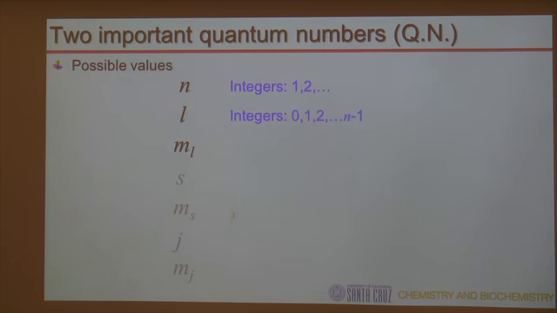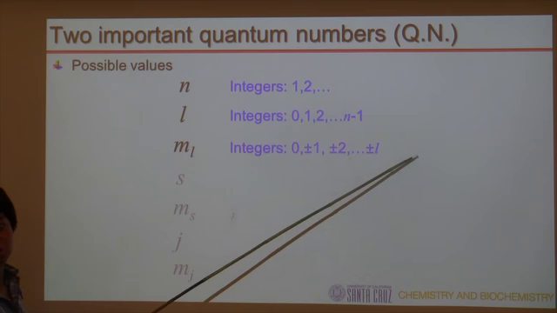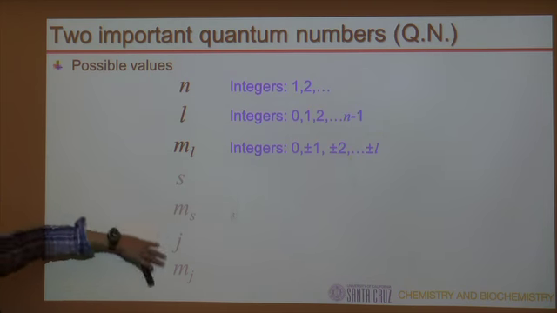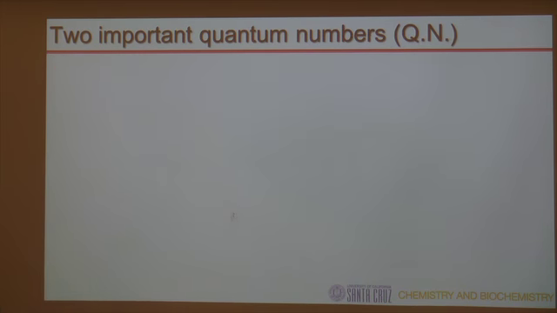So it's 0, plus or minus 1, plus or minus 2, until plus or minus L. So if L equals 1, mL can be three numbers: 0, plus or minus 1, that's 3. In total, they have 2L plus 1 mL values for a given L. For the fourth one, let's leave it to the next section.